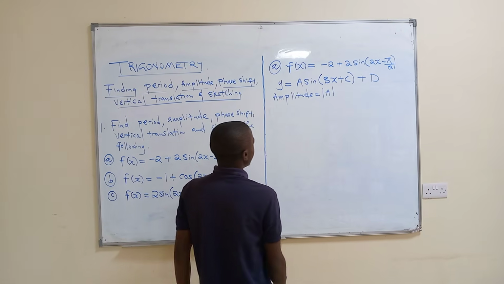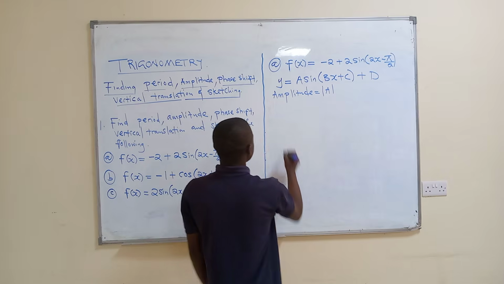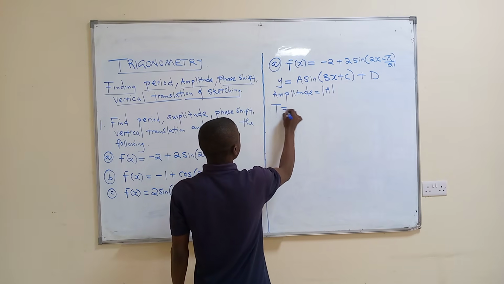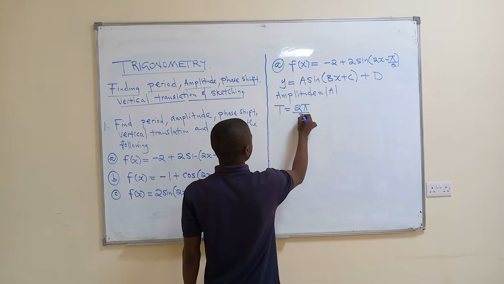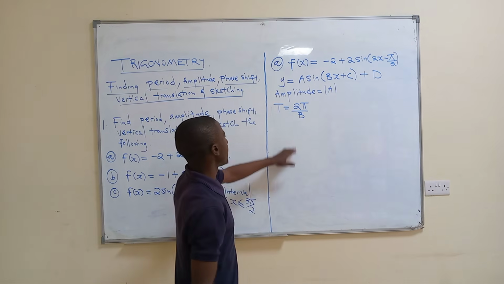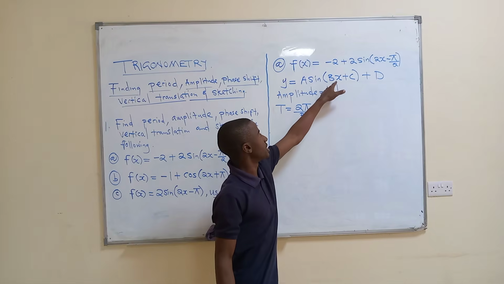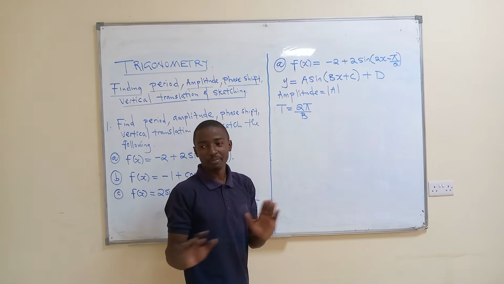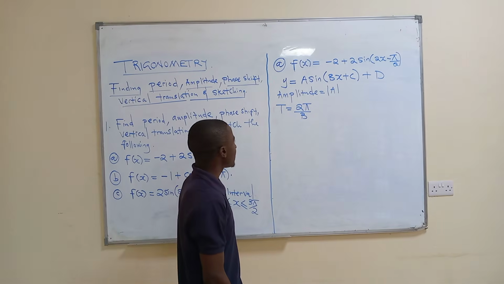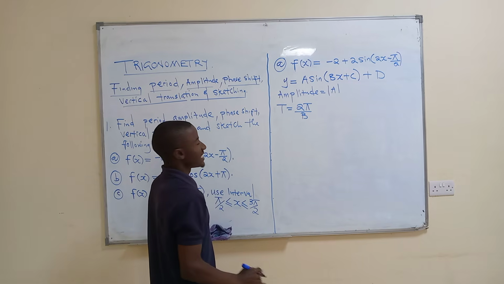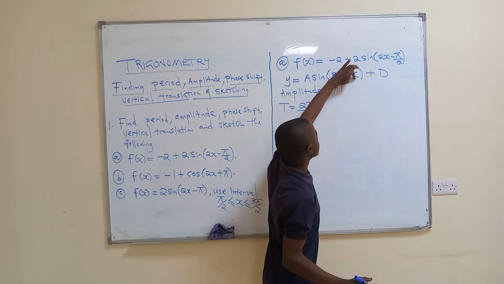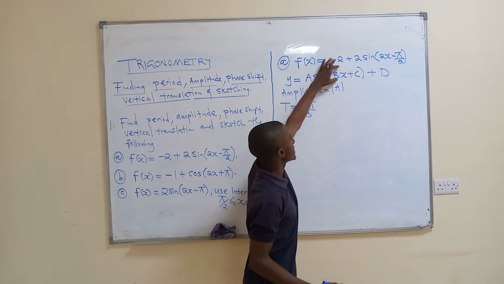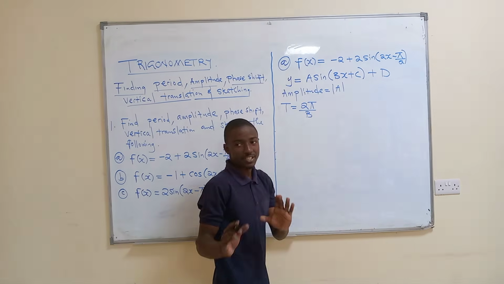Then to find the period, it is calculated by 2 pi over b. If you divide 2 pi by the coefficient of x, that is the period. How do we find the phase shift? Equate what is inside the bracket to 0.